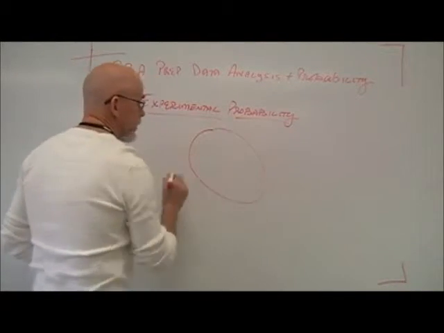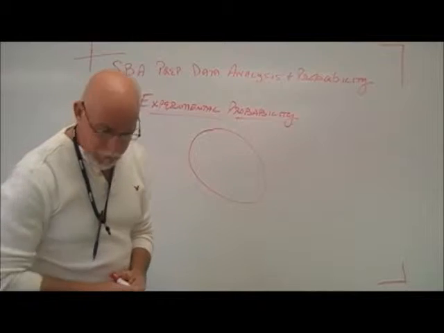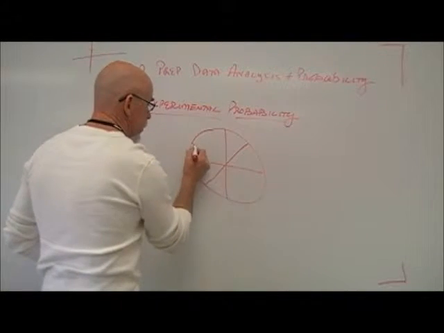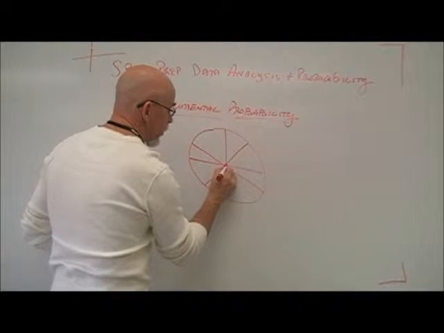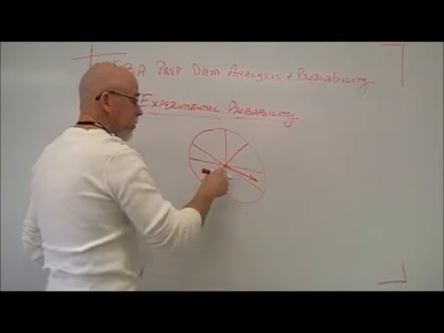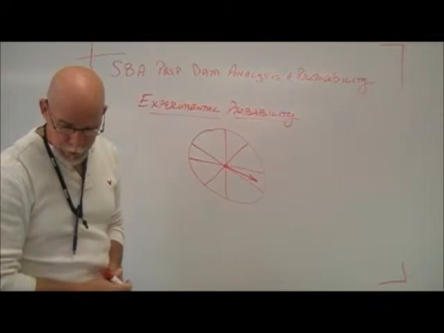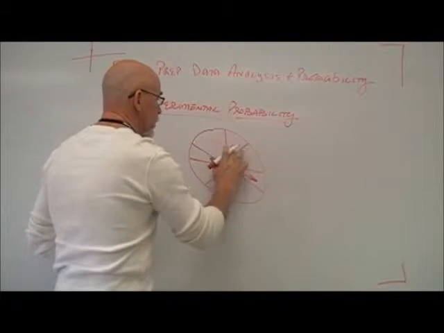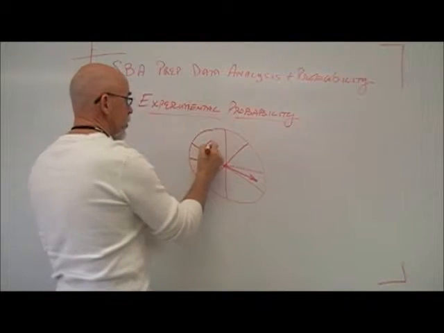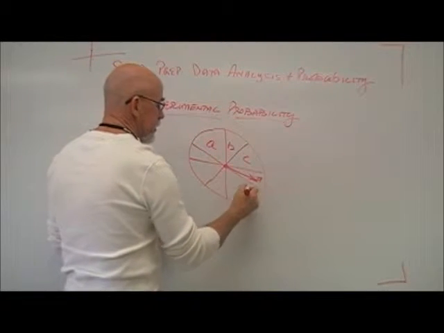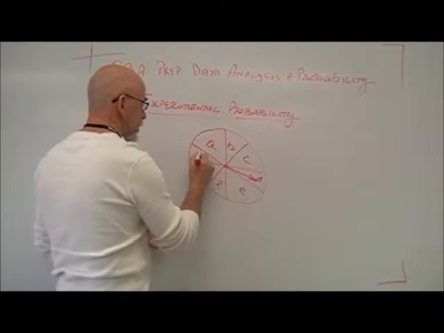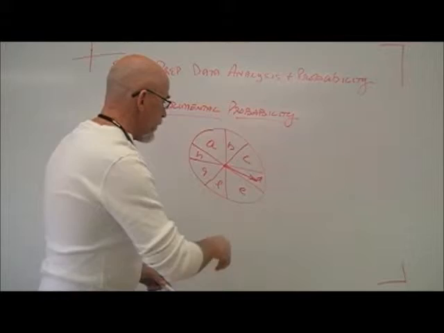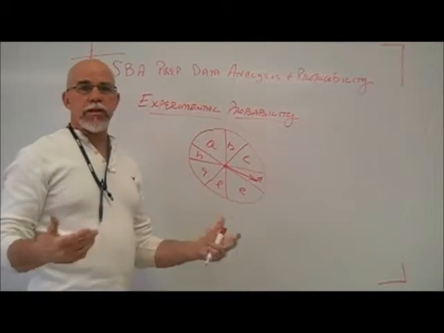That looks something like this, just so you know exactly what they mean by that phrase. You have a situation like an arrow that will spin, and you have certain information, whether colors or sections A, B, C, D, E, F, G, H that are all the same area, and this freely spins and randomly stops.